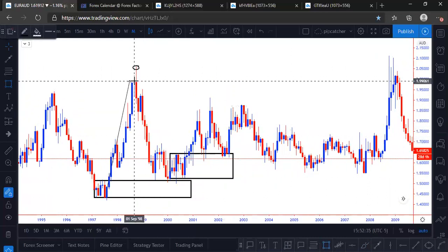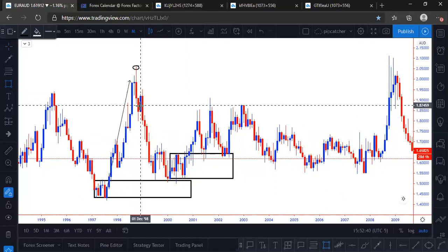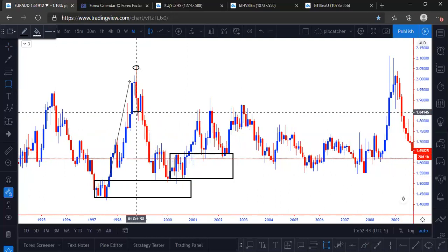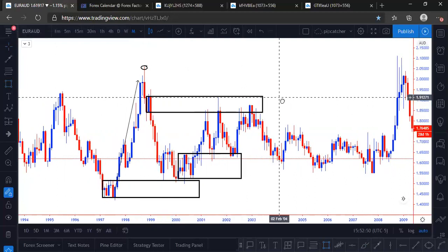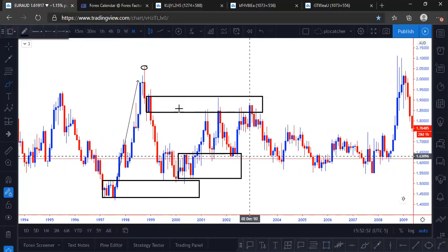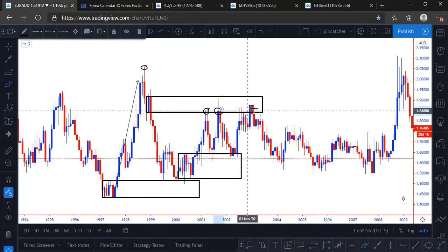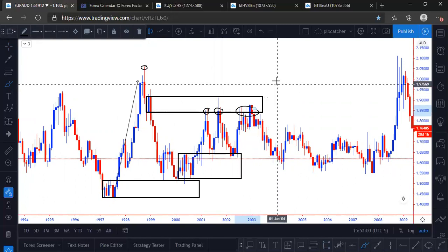So we can use this drop right here and then this base, and then this drop prior to the base, right? Okay, cool. So we had opportunities in this area ultimately.